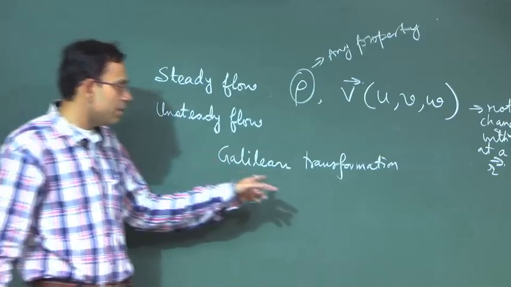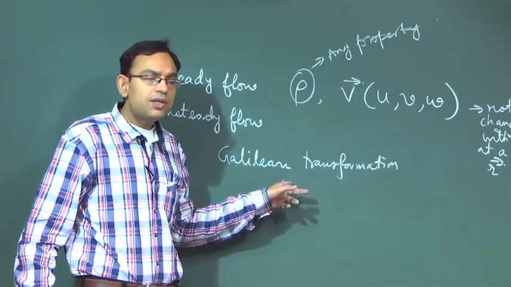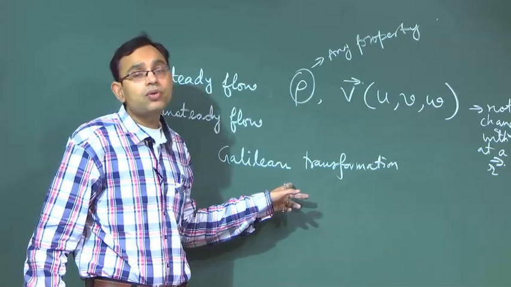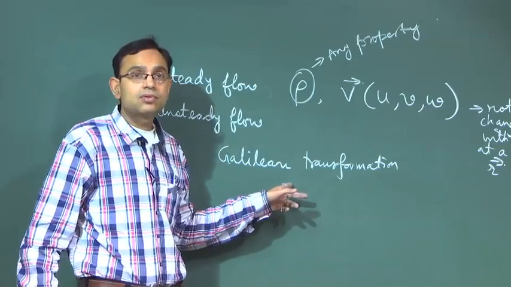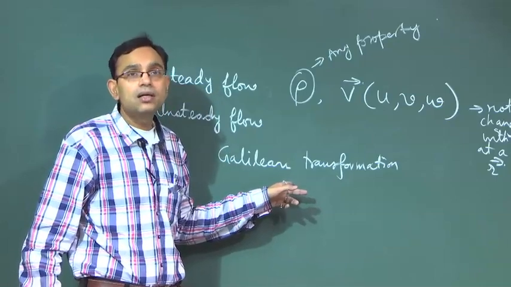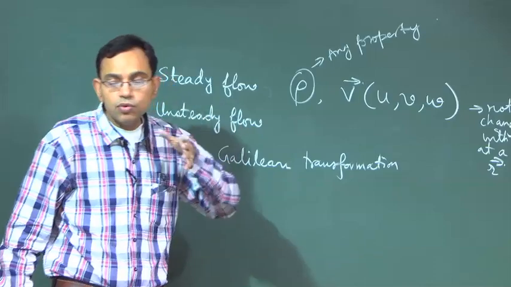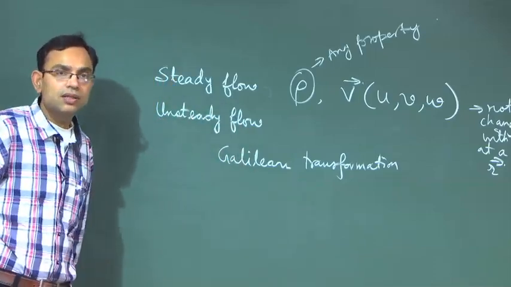It is still okay because you are changing the reference frame from a stationary one to something which is moving with uniform velocity. So it is not changing the reference frame to something which is accelerating, it is just a reference frame moving with uniform velocity.